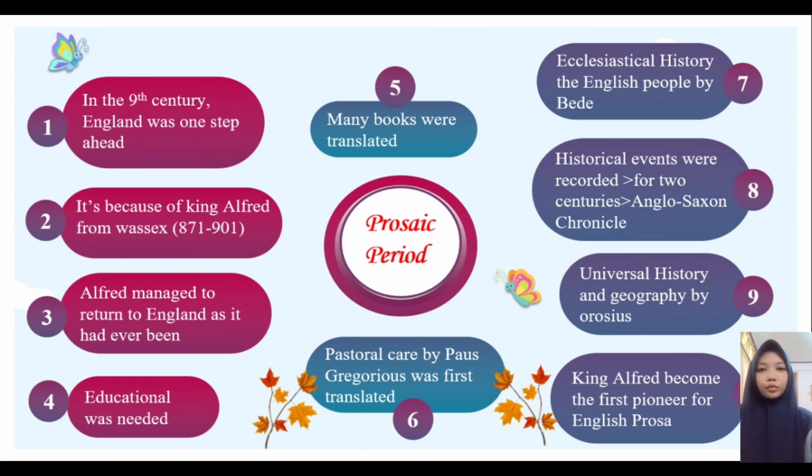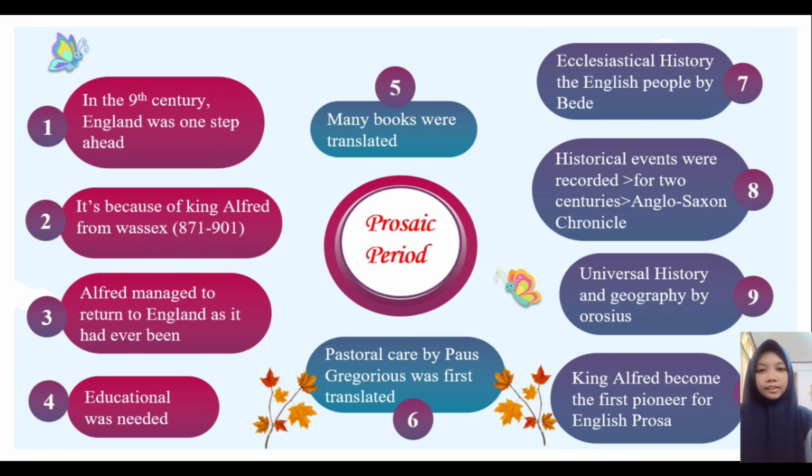Historical events were recorded for 2 centuries in the Anglo-Saxon Chronicle. King Alfred also ordered the recording of important events in his kingdom. Number nine, Universal History and Geography by Orosius. It is a major historical work of the time.